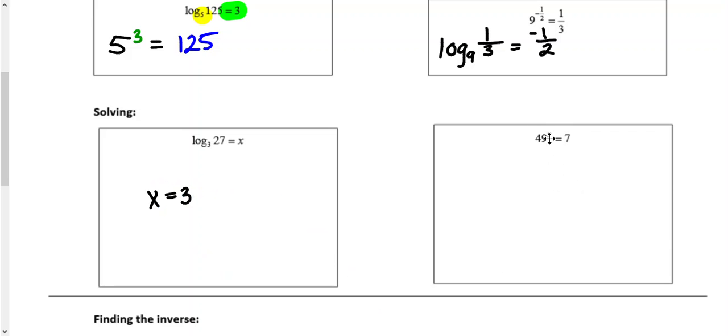Now with the exponent, 49 to some power equals 7. So here, in order to put it in my calculator, I want to put it back as a log. So I'll say log, again my base is 49, my result was 7, and it equals my exponent of x.